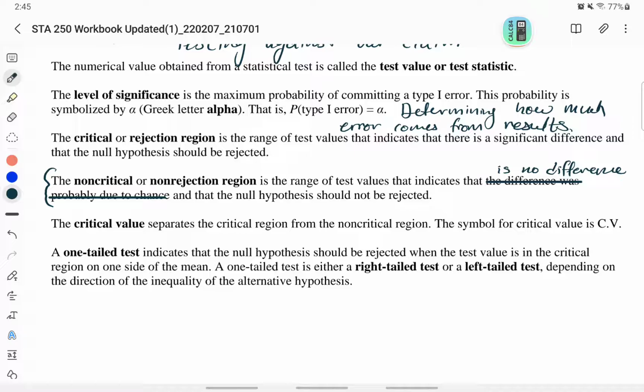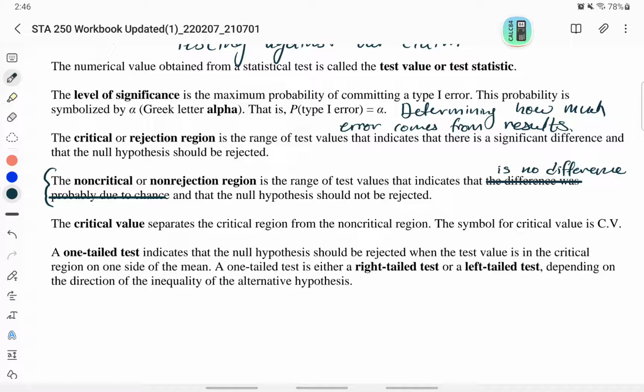However, if the test value that comes from computing our statistical test falls into the non-critical region or the non-rejection region, that indicates that there is no difference and the null hypothesis should not be rejected. So the non-critical region is the range of test values that indicate that there is no significant difference, and that the null hypothesis should not be rejected.